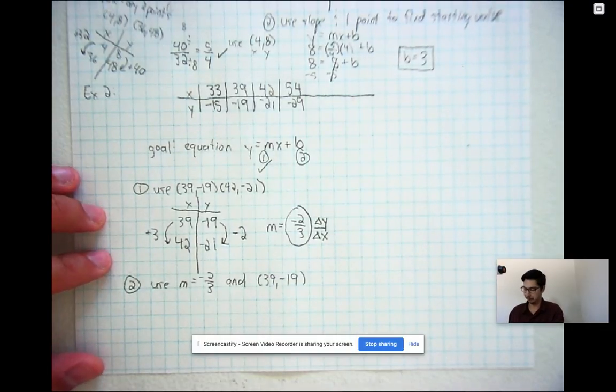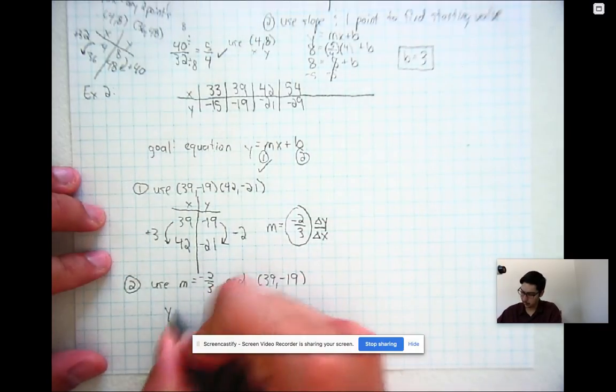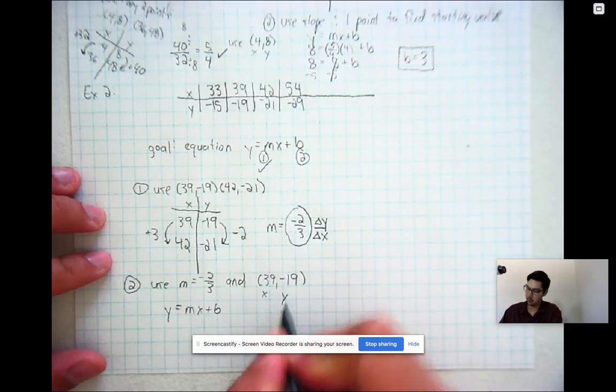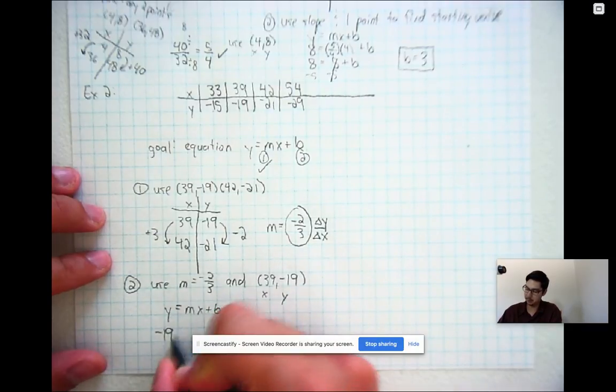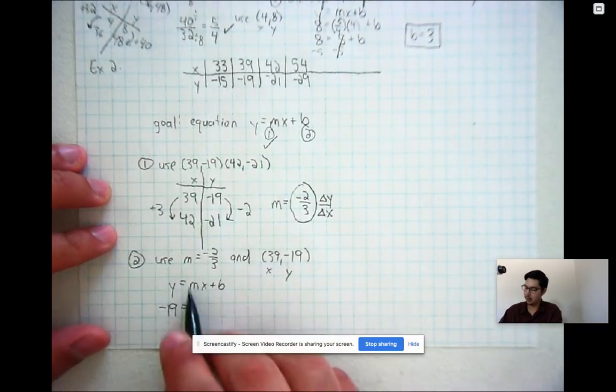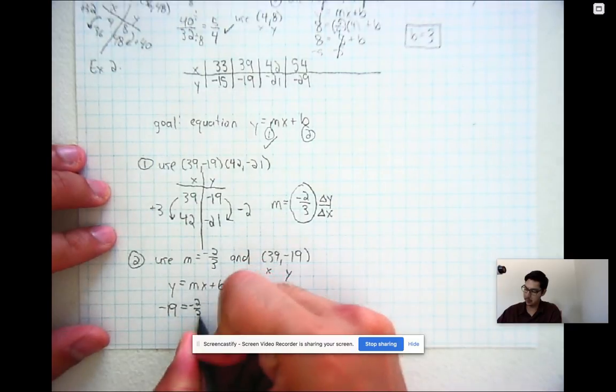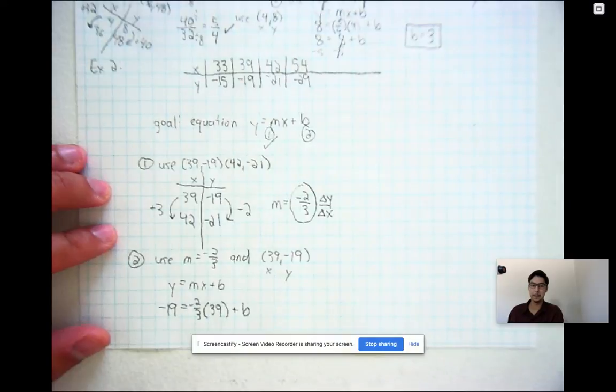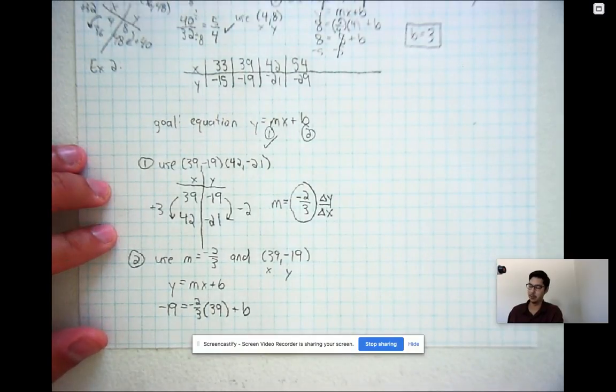So we have our equation, y equals mx plus b. We're going to plug in everything we know. So the y is negative 19. The m is negative 2/3. The x is 39. And we have plus b. Hopefully you can see where all that comes from.